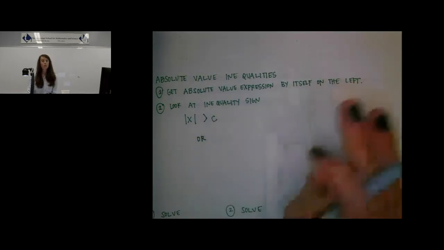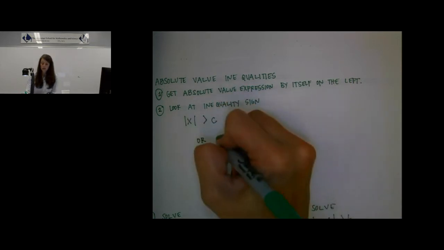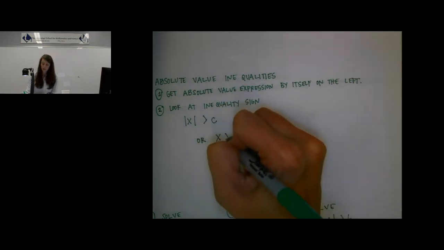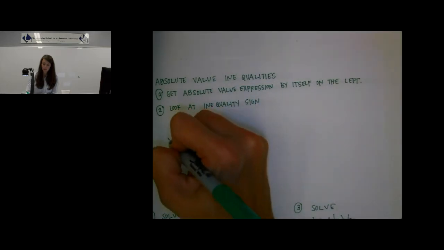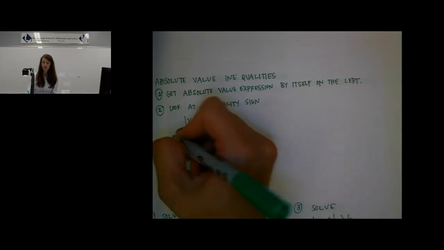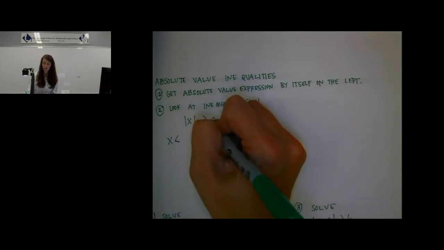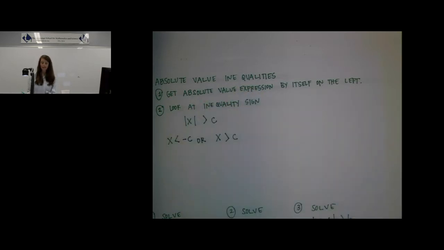So if you remember, the ors, they go out. So I'm going to remove my absolute value and I'm going to have x is greater than that c, or over here I'm going to have x would be less than, so go to the left, less than, and I'm going to change it to a negative c. So I'm going to have 2 inequalities.